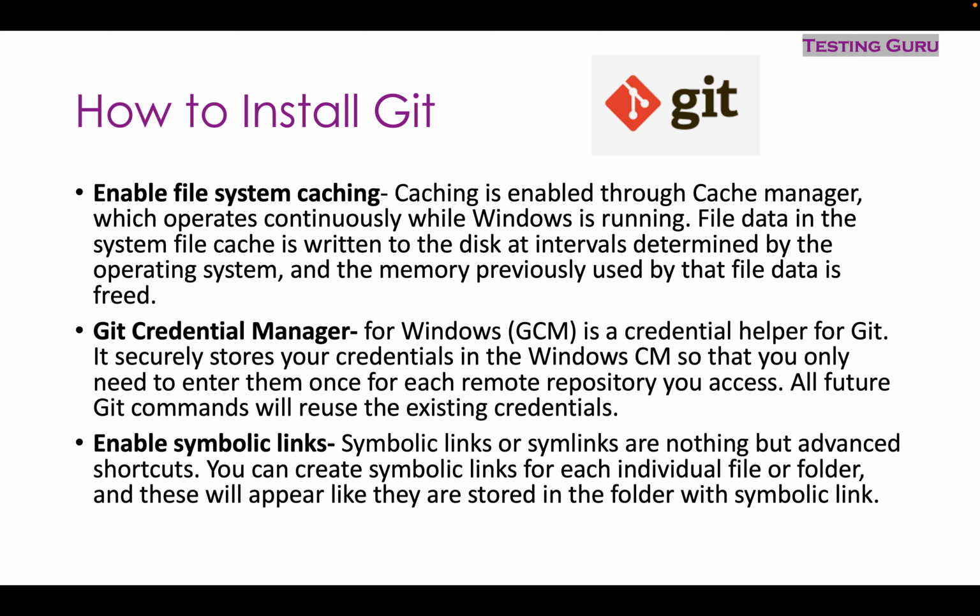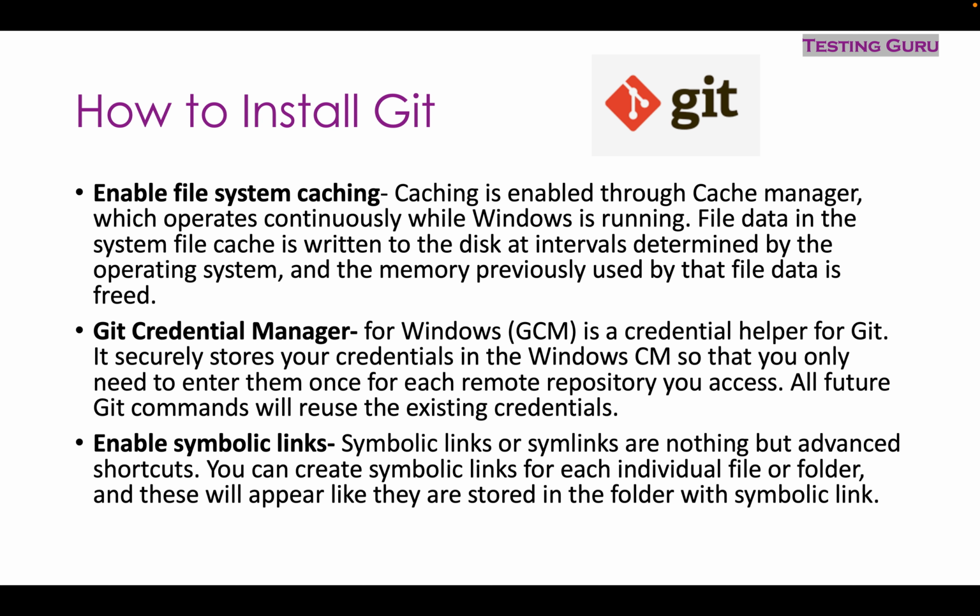The second option is Git Credential Manager. For Windows, Git Credential Manager is a helper for Git. It securely stores your credentials in the Windows credential manager, so that you only need to enter them once for each remote repository you access. So you don't have to enter the credentials every time, and all features from the Git commands will reuse the existing credentials.